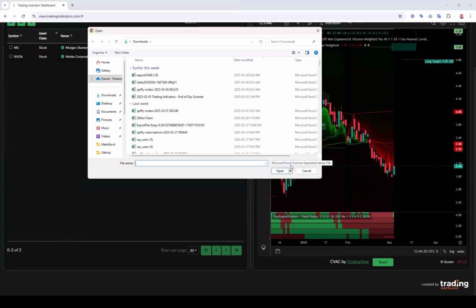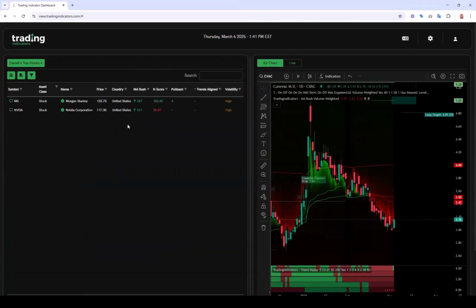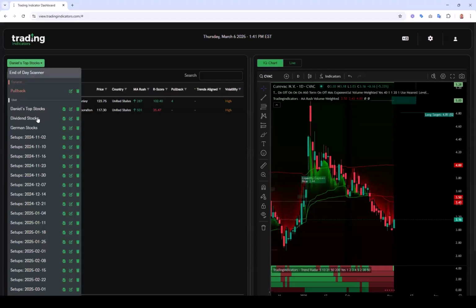Then you can import these directly from a spreadsheet. That's possible as well. Just make sure in column A, your symbols are listed. Okay, and that's that feature. And one more thing which I didn't mention: if you want to import symbols to an already existing watch list, you can use this button here.